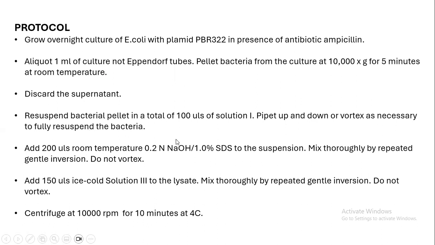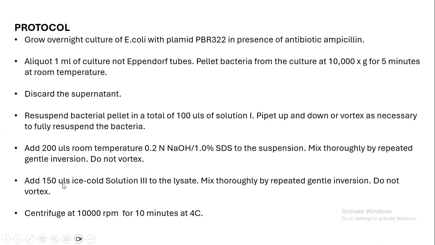Then we will add 200 microliters of solution 2, that is NaOH SDS solution, and mix by gentle inversion. Here cell lysis happens, and it can be observed by formation of sticky thread-like strands when we open the Eppendorf tubes.